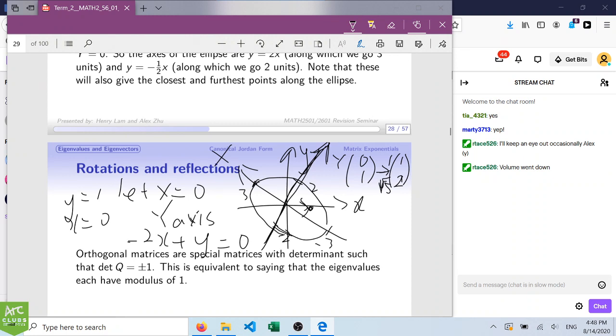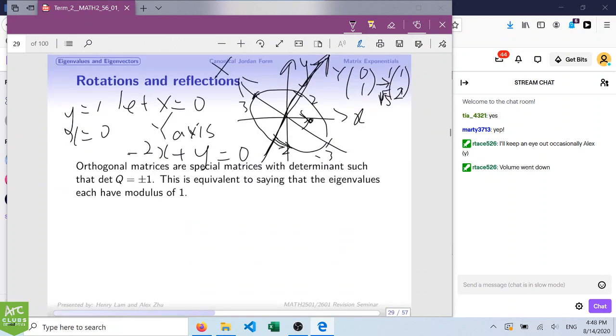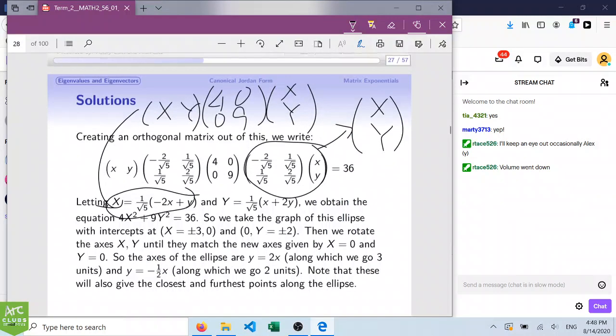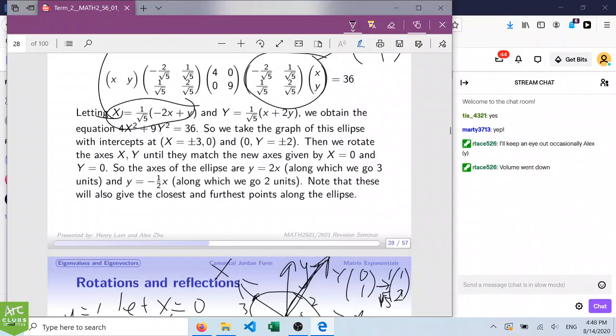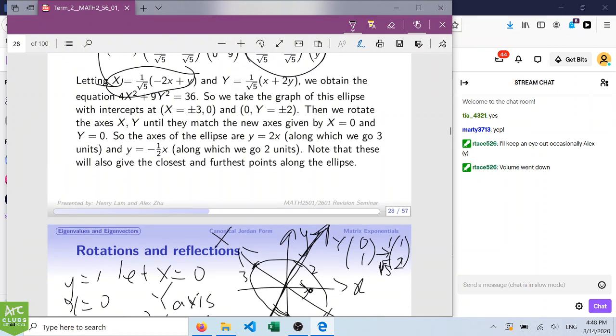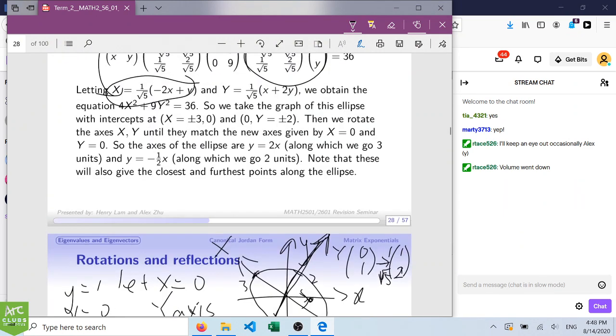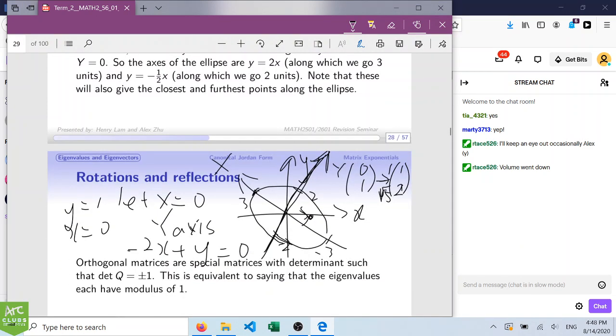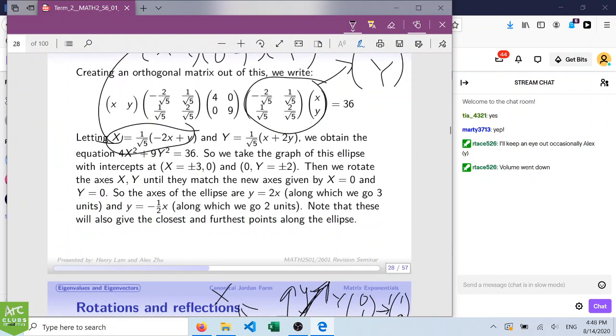Okay, that's the ellipse, and the orthogonal matrix, this matrix over here, is pretty much the answer to this question. And if we want to find the smallest, the closest and the furthest points, we just need to substitute the corresponding values of y equals 2 into this equation and then solve for x and y.